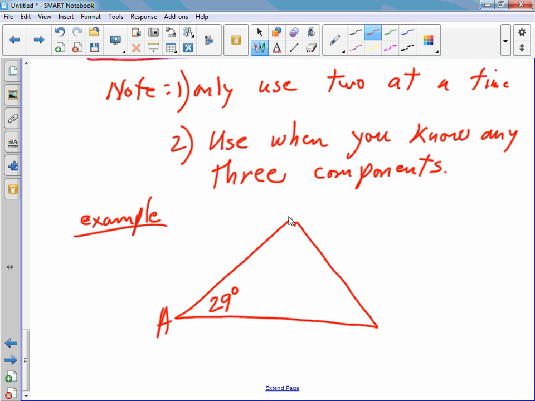And give me a distance over here. 4 centimeters. Thank you. And then we need one other thing. Let's call this B. C. Give me an angle down here. Okay, we'll go 45.